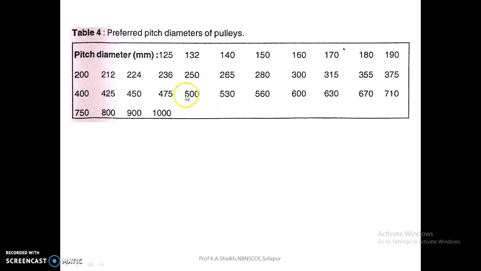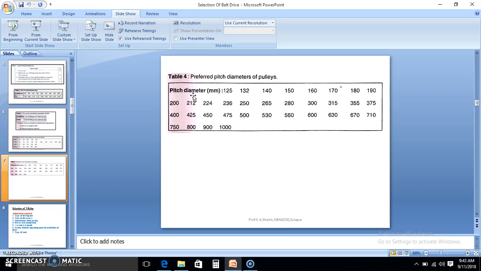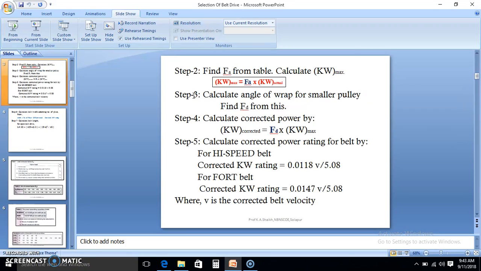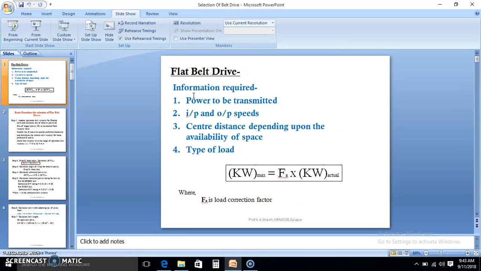So now we are fixing the diameters of the pulleys as 250 mm and 500 mm from this given table. Understood? This is how we can select the diameters. This is the first step. I hope you understood this one.